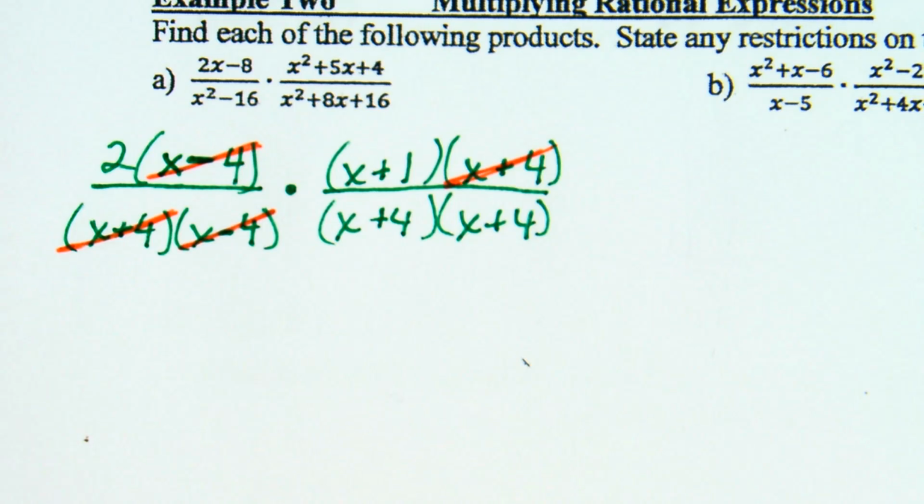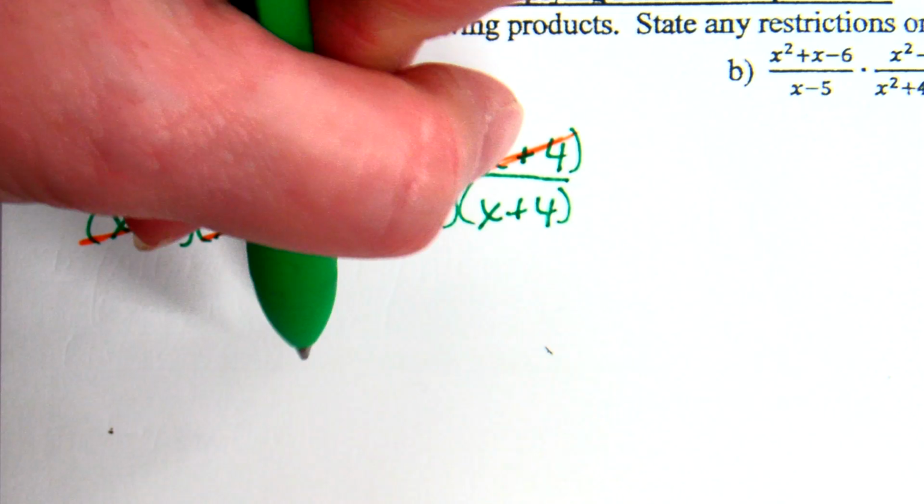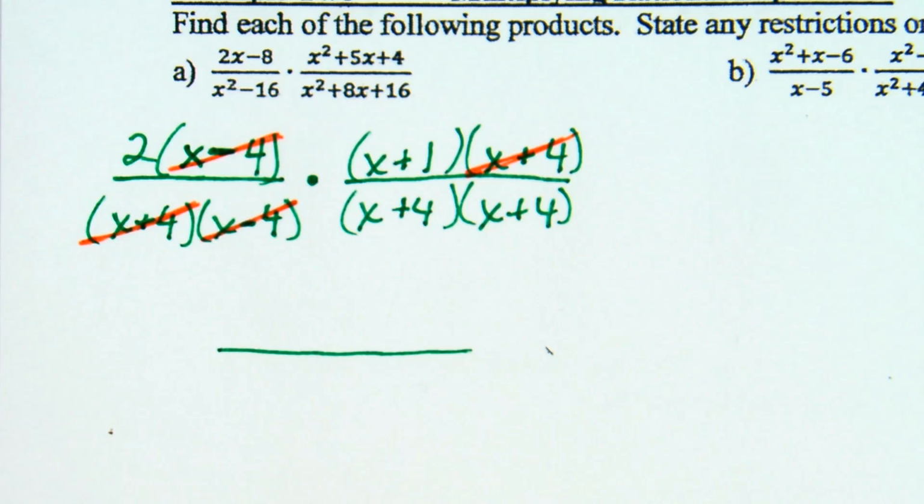Okay, so what remains? In my numerator, and here's the idea, guys. How do you multiply fractions? You just multiply across, right? Numerator times numerator. Denominator times denominator. So to multiply this, we're just going to multiply across.